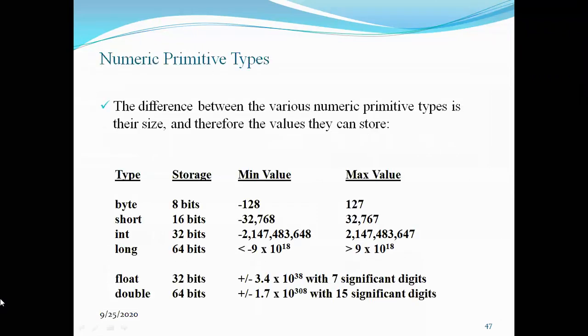So we have numeric types, and numeric primitive types are classified based on their size: integer, byte, short. Based on their storage capacity, the size is assigned.